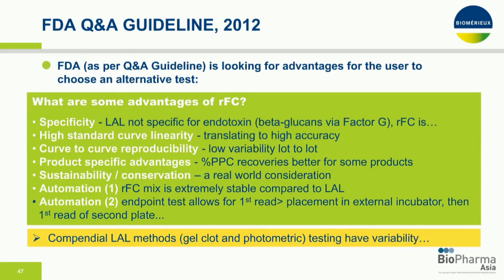And also, as an endpoint test, you can set up testing to do a first read, put that read in an external incubator, perform a second read. In this way, you can do more of a high throughput testing, even though the assay may take an hour. You're not waiting for it to start the next assay. So there's many advantages that can be seen. And when we talk about variability of the compendial method, we know LAL has its own variability. So this testing is not expected to be perfect, just comparable.